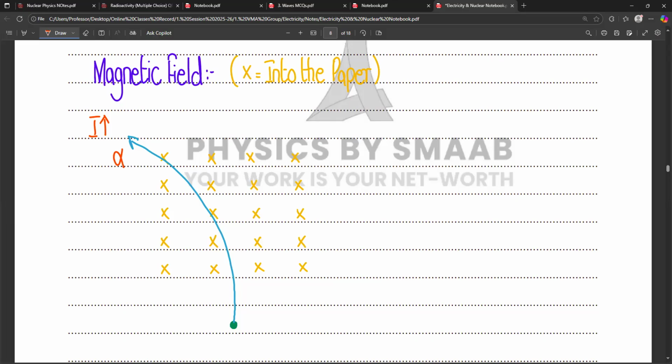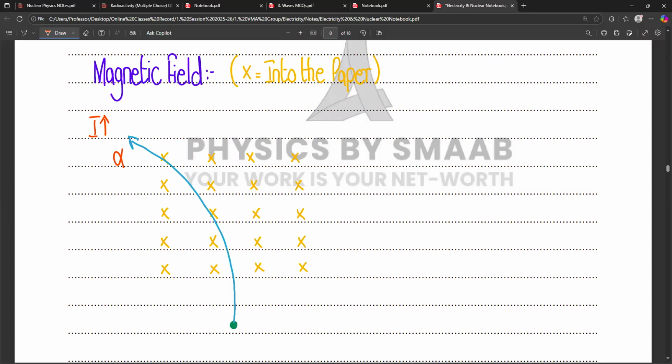And in the same way, we already know about the direction of alpha. So beta has the opposite charge. So when beta has the opposite charge, you can identify the direction of beta very easily. Beta is always in the opposite direction to alpha. So if alpha is deflecting towards the left hand side, then definitely beta deflects towards the right hand side.